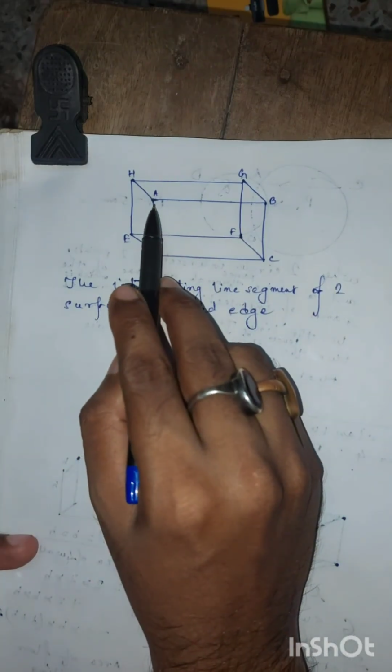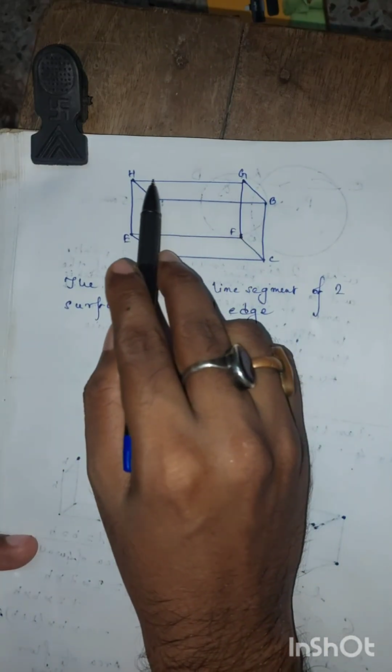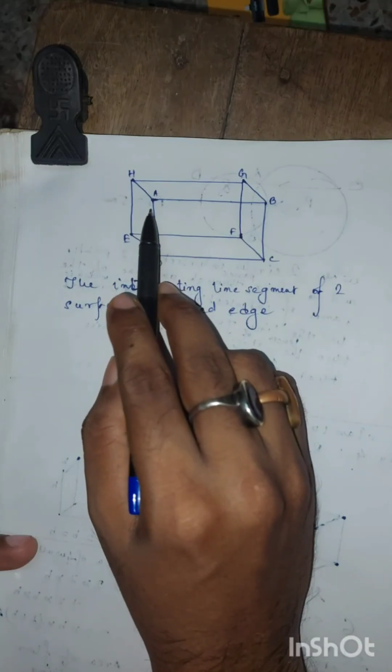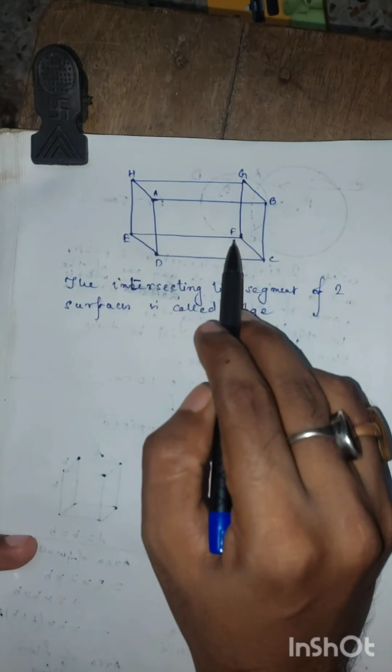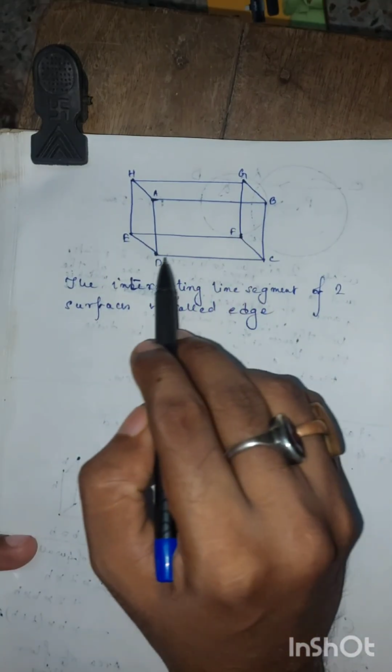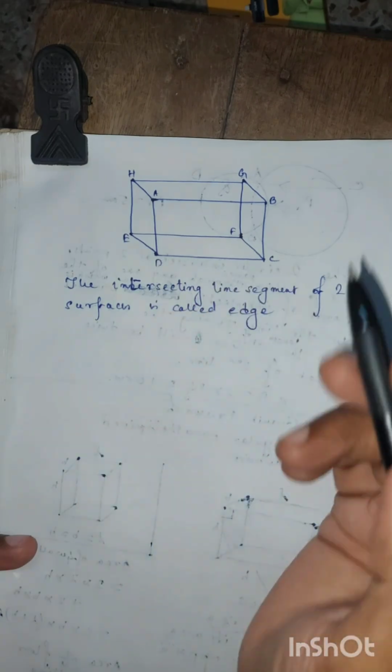So we have 1, 2, 3, 4, 5, 6, 7, 8, 9, 10, 11, 12 edges.